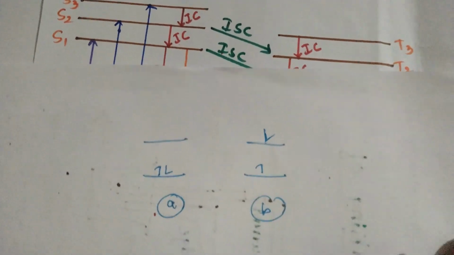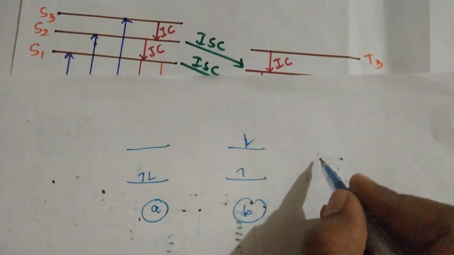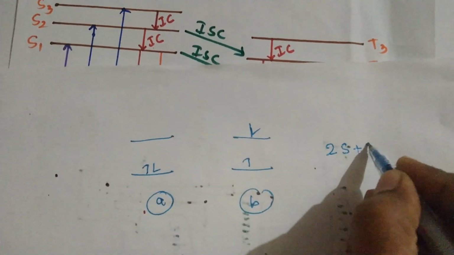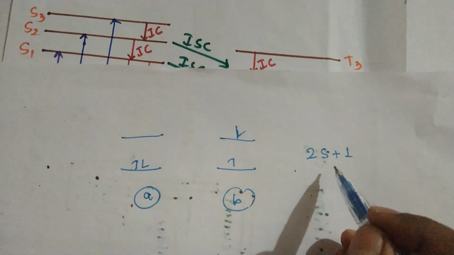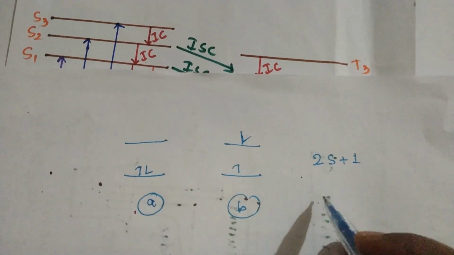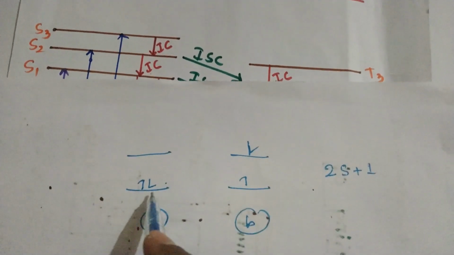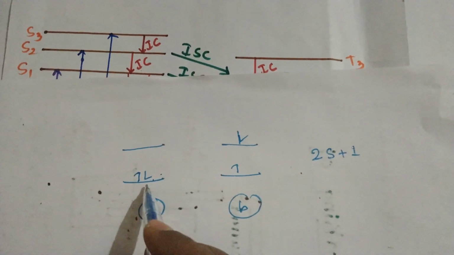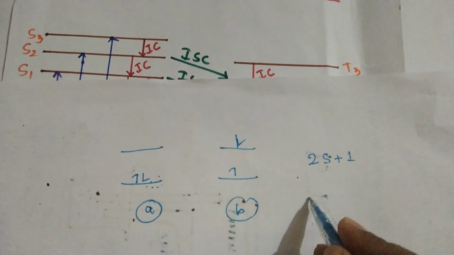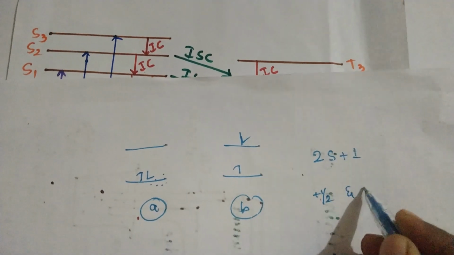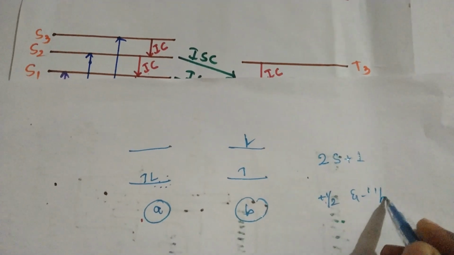With the help of spin multiplicity, that is 2S plus 1, where S is the total electron spin. In the first case we have two paired electrons, so the spins are plus half and minus half.